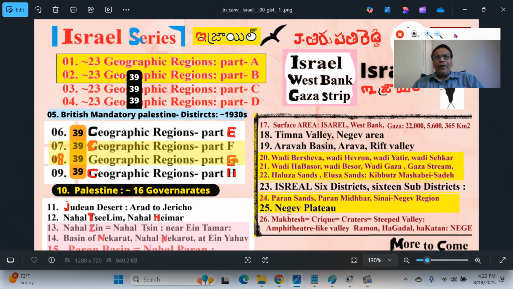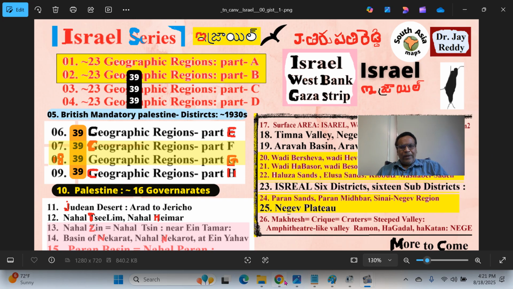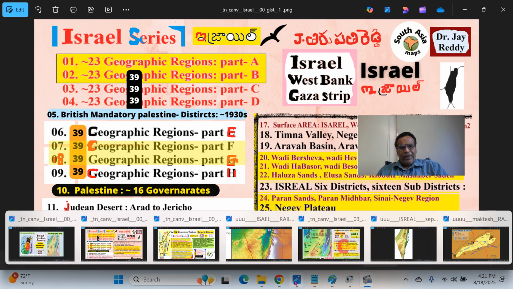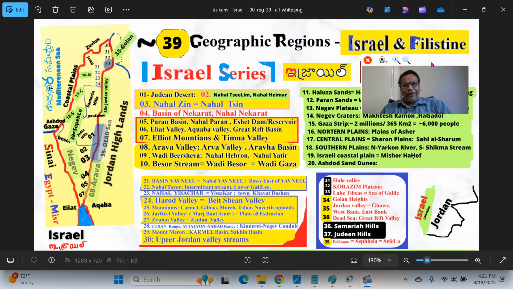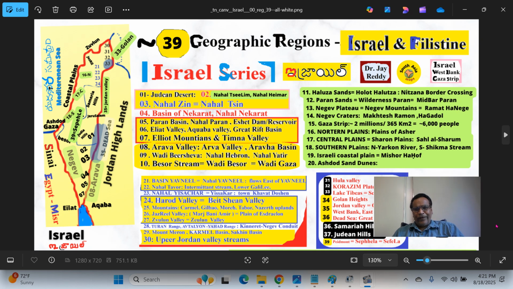This is the broader bird's eye view of our Israel series, and we are in part 3 here, part C, Geographic, Physiographic Regions of Israel. We are looking at these today, all those 39 or 40 or so geographic, physiographic regions.